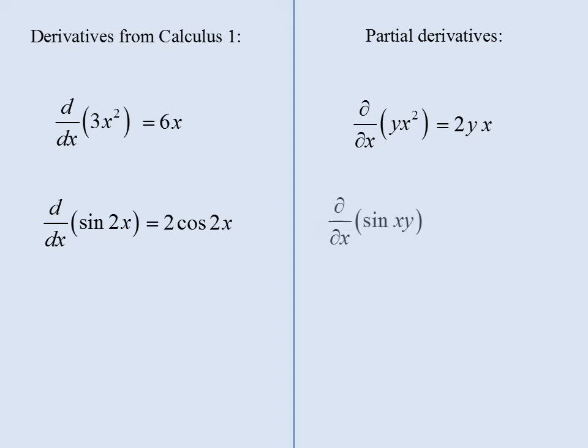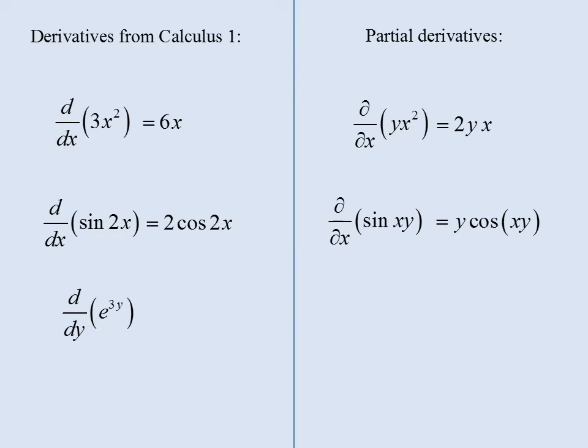Well, if we have a similar expression, sine of x times some constant, and we're doing the derivative with respect to the x, it's going to be the cosine of x times the constant times the derivative of x times the constant. Now that comes out to be just a y cosine xy.